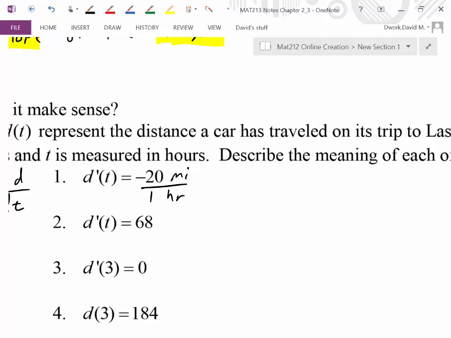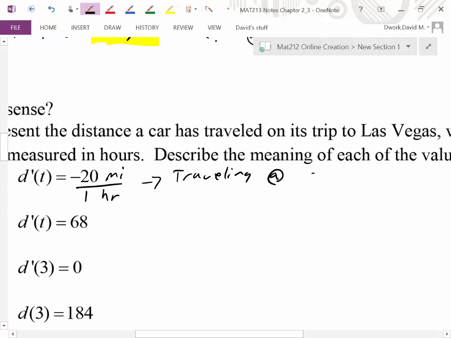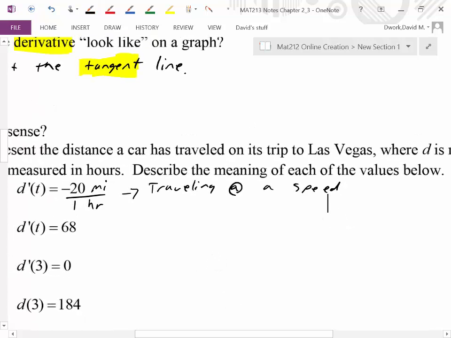So what I might put here is the car is traveling at a speed of 20 miles per hour away from Vegas.